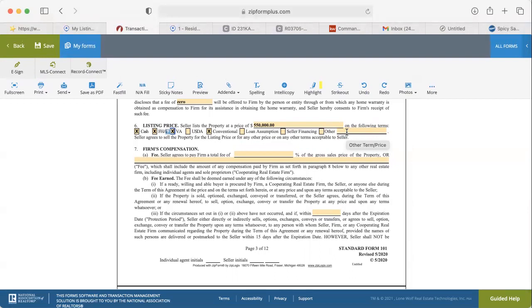USDA is a government loan that is 100% financing. It's based on income. So the buyers, depending on family size, so let's say a family size of 2 could not earn more than 96,000 and change. So you could say this would qualify for USDA.